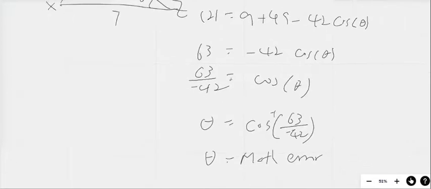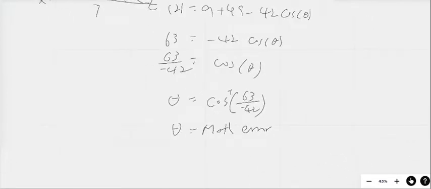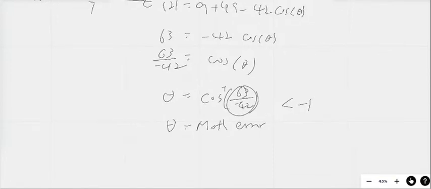The reason you get that is because this number is less than negative 1, because on a cosine on a unit circle, the smallest number is negative 1. You cannot get anything that is smaller than negative 1.